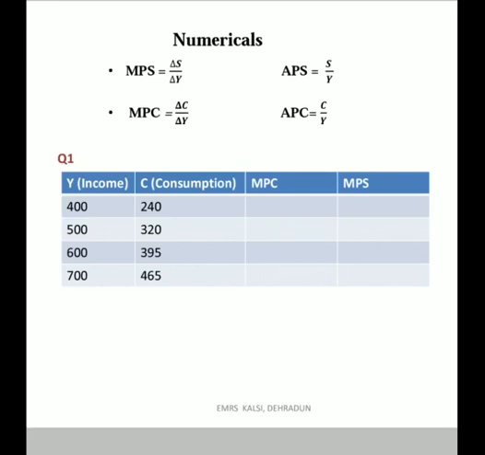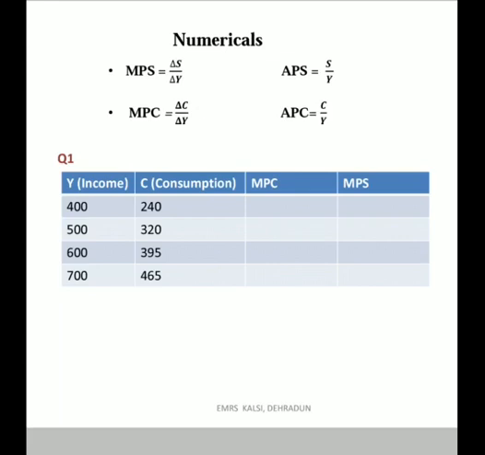And if you remember, in 11th class we studied TU, MU, how we used to find TU, MU, we used to find TP, MP, AP. So these numericals are based on the same pattern, or same method.